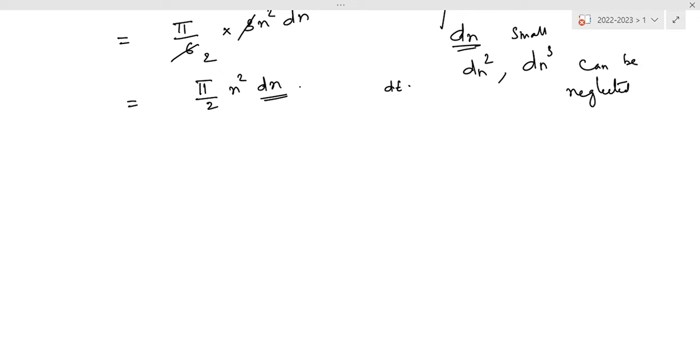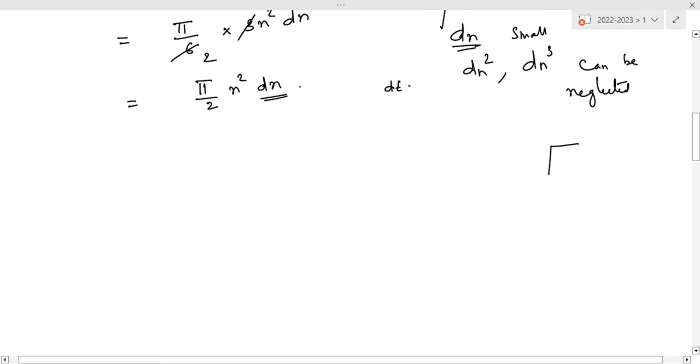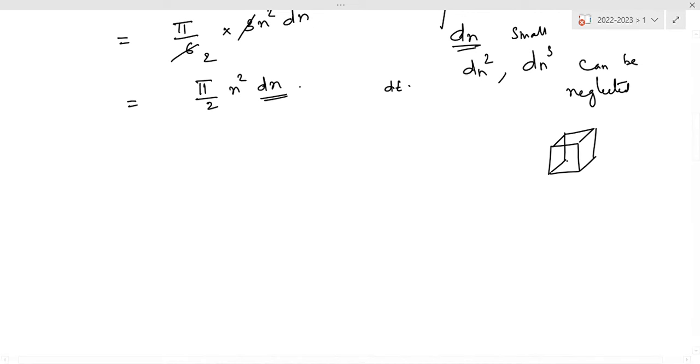Therefore the energy of the electron in a cubical metal piece of side a is, I repeat it, the energy of the electron in a cubical metal piece or cube of side a is E is equal to n square h square by 8ma square.